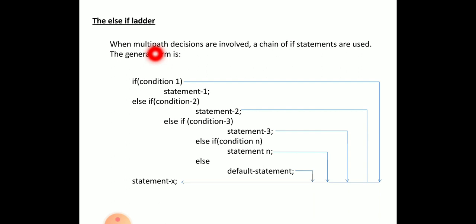Now, as we said, after checking the first condition, if the condition is true, statement 1 will be executed. If the first condition becomes false, then the second condition will be checked, and if the second condition is true, statement 2 will be executed and the control is transferred to statement X. And if the second condition is false, then it checks the third condition, else if condition 3.